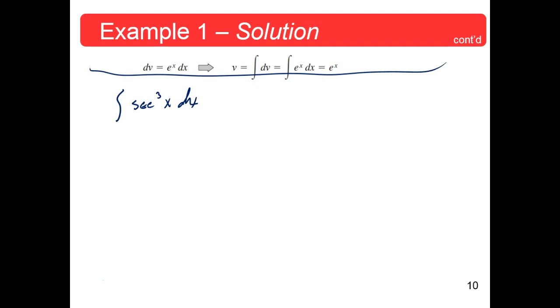What if I broke that into, and there's no real reason to do this, the integral of secant x times secant squared x dx. Isn't that the same thing? Okay. Now, what's kind of good about secant squared x?